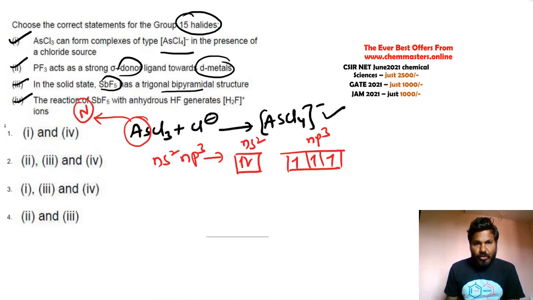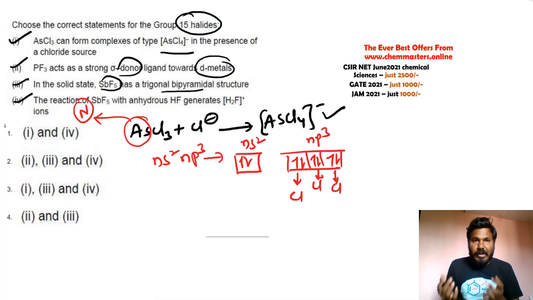Now each chlorine gives the other electron and makes a bond, and here the electrons are dragged onto the chlorine because of the higher electronegativity of chlorine compared with arsenic.